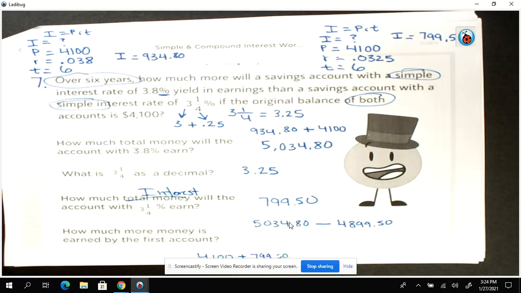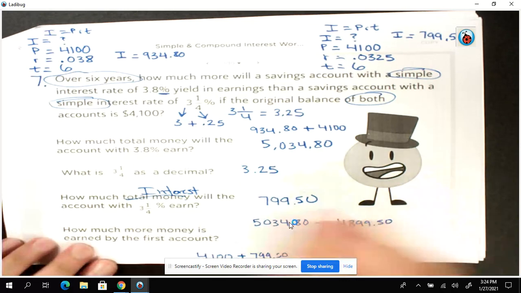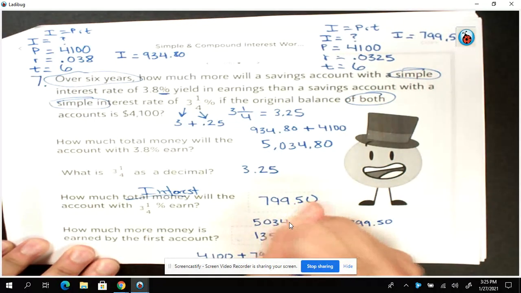So 5,034.80 minus 4,899.50, you get 135.30. So that's the answer for that one.